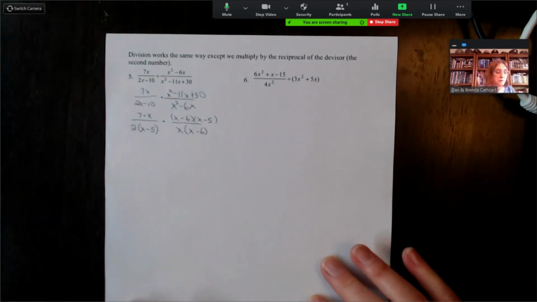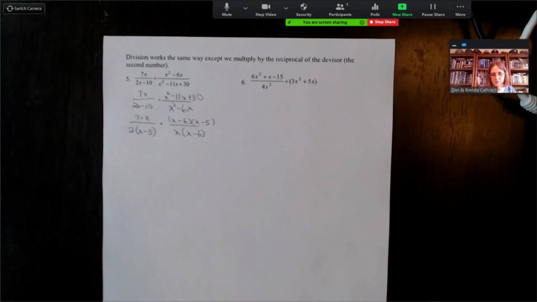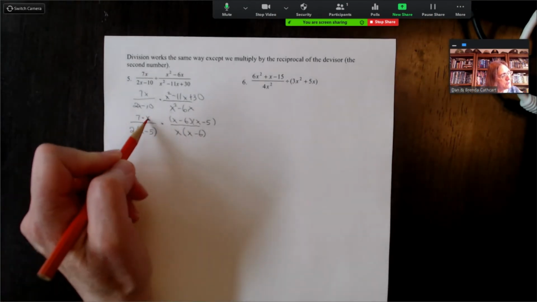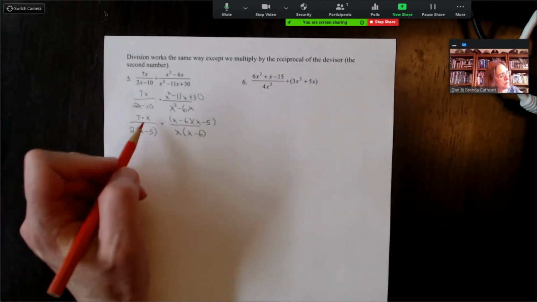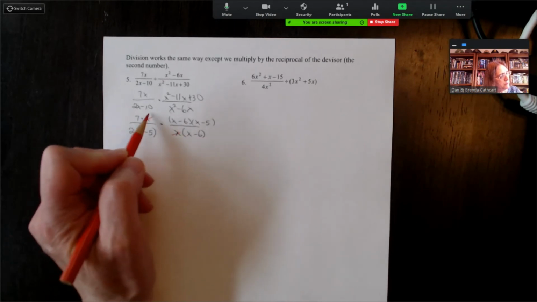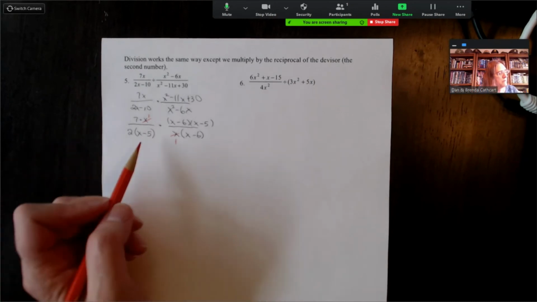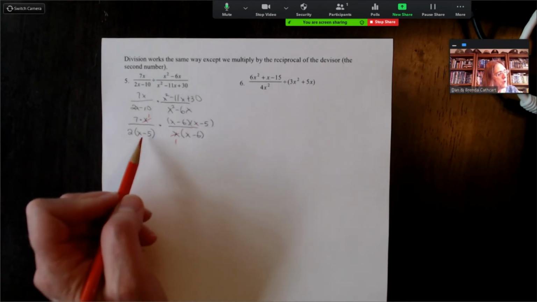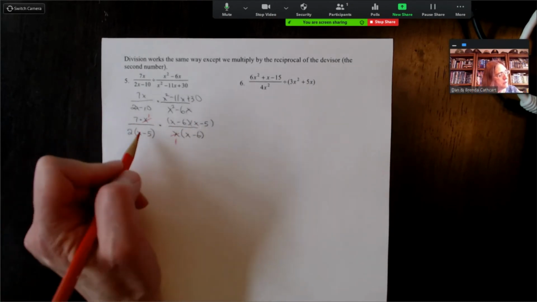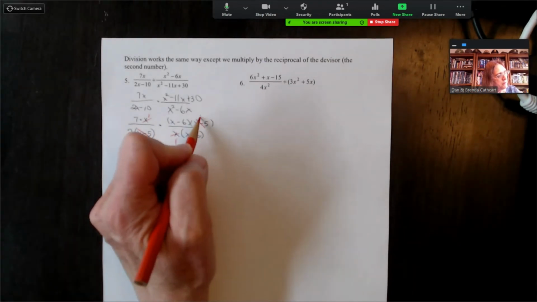And now we're ready to do some reducing. As we look at that, we see in our numerator a factor of x, and in our denominator a factor of x. So those two reduce, leaving us with just 1. We also have a common factor of x minus 5 in the denominator and in the numerator, so we reduce those.